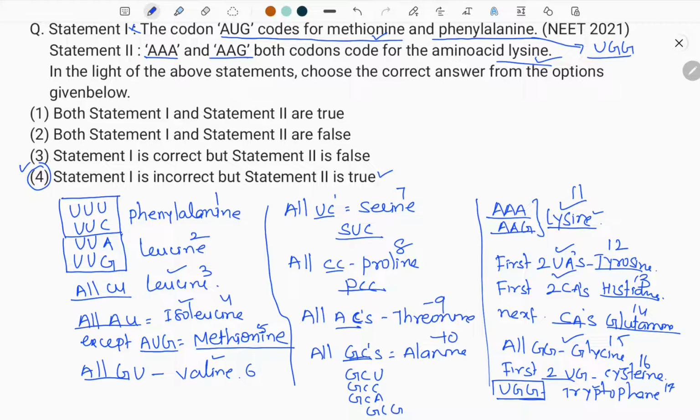So this is a very tough question as far as my knowledge goes. Those students who do this kind of bits very well are definitely going to get into the best medical colleges in India. If you do not do this type of question, you may get fewer marks, like 170, 160, 165.